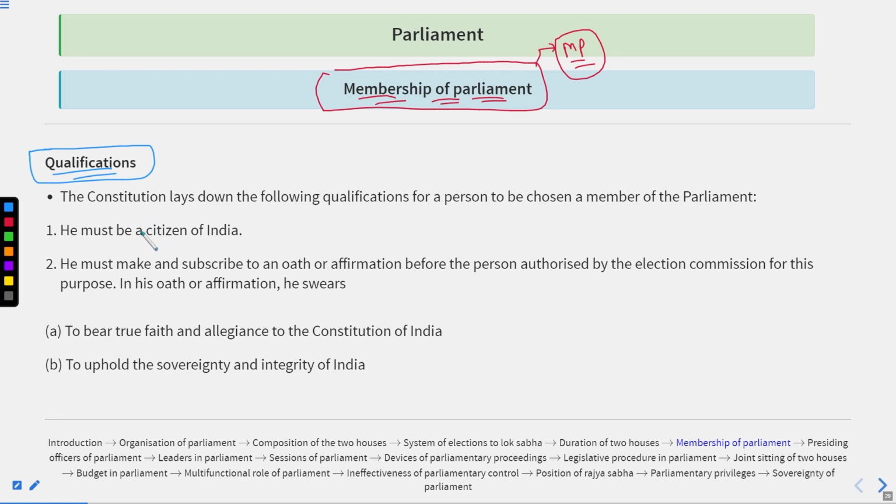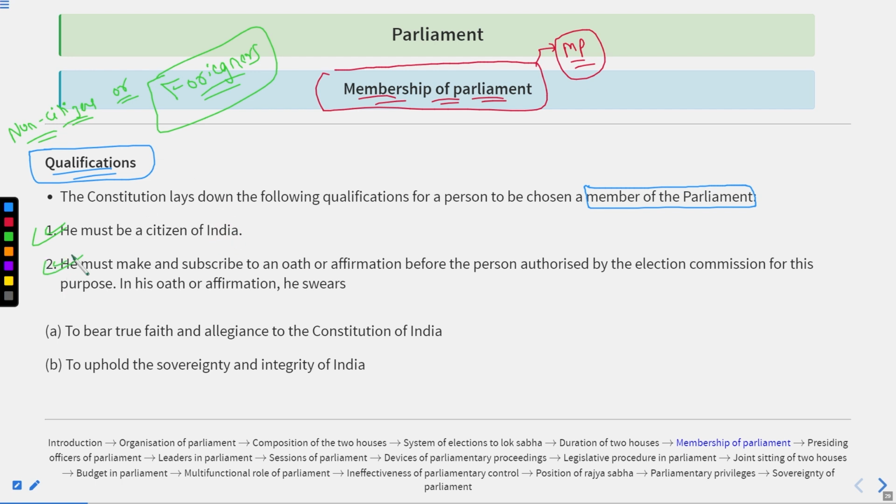So the constitution lays down the following qualifications for a person to be chosen as the member of the parliament. The first condition is very basic: he must be a citizen of India. It means that non-citizens or foreigners could not be elected as member of parliament.